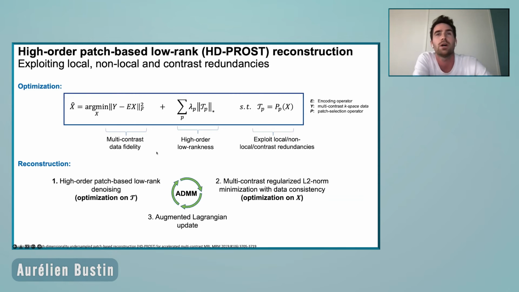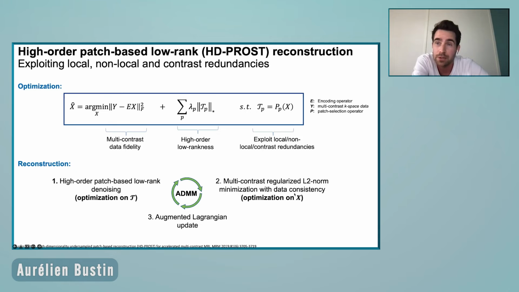If you want to minimize this optimization problem with regards to X, you just have to solve this term. And this is a very basic L2 norm minimization problem. And Jerome mentioned that before.